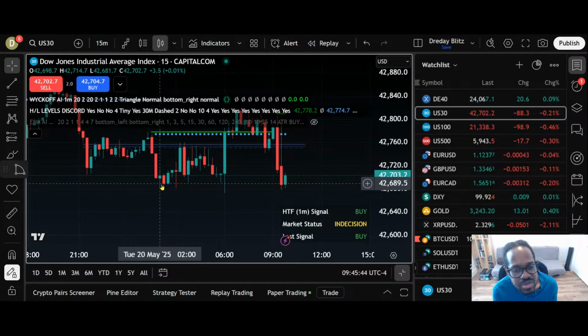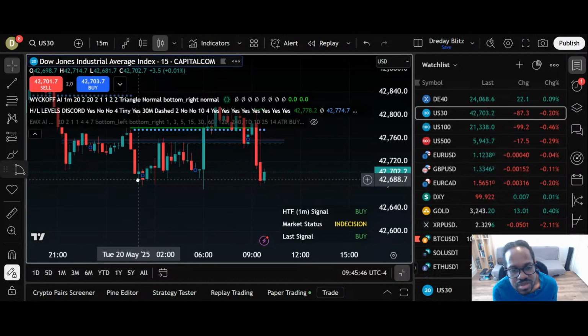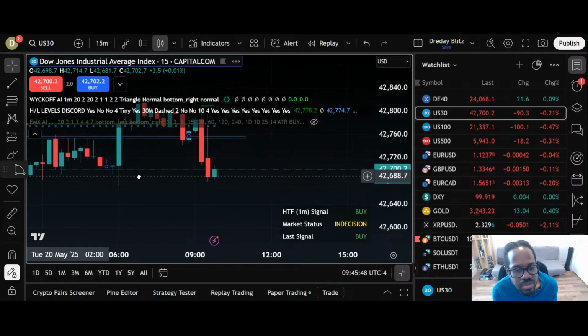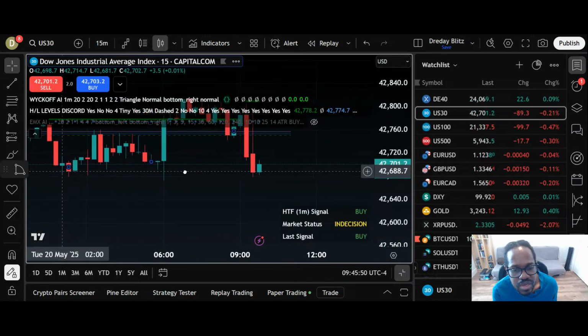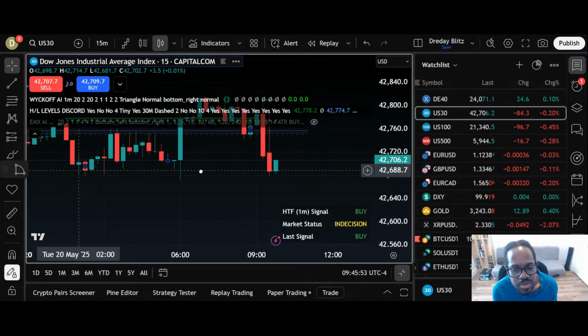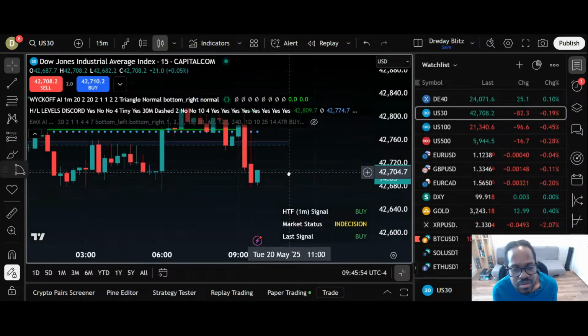It broke that previous swing. Yes. So US 30 seems to be looking to go a bit lower again, but we'll see.